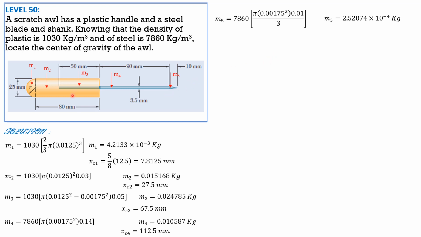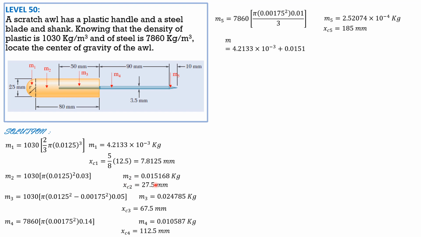And its location is 12.5 plus 80, 92.5 plus 90, 182.5 plus 1/4 of 10. The centroid of a cone is 1/4 of the height from the base. So 12.5 plus 80, 92.5 plus 90, 182.5 plus 1/4 of 10, 2.5, so 185. XC5 is 185 mm.